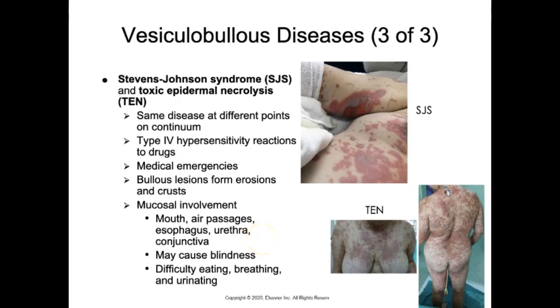So once we realize that this patient is having these symptoms, we want to get rid of any ongoing drug therapy that is taking place and reevaluate them and treat any underlying infection. So the easiest way to tell the difference between SJS and TEN is that within SJS, we will see less than 10% of the body surface area involved, whereas in TEN, we're going to have greater than 30% of the body surface area involved.